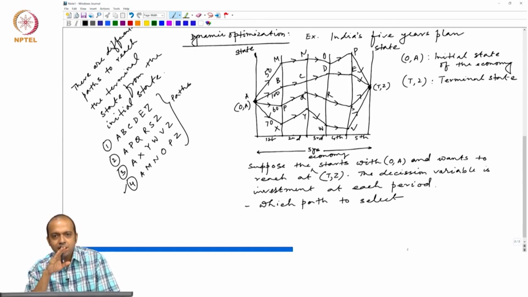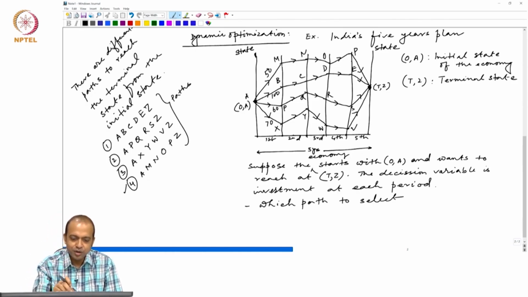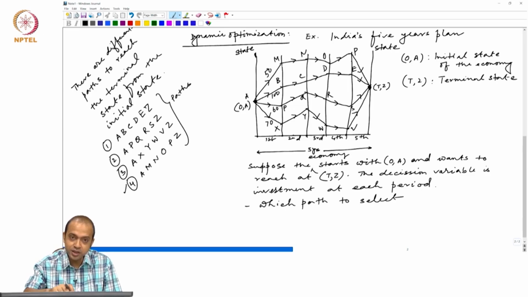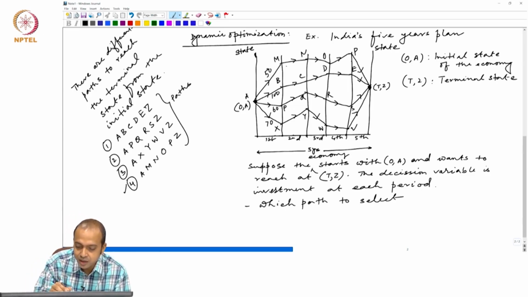But our objective is not to take the path based on minimum cost from one destination to its immediate destination. Rather, even though this path involves minimum cost initially, it may so happen that for the next periods the costs are too high.